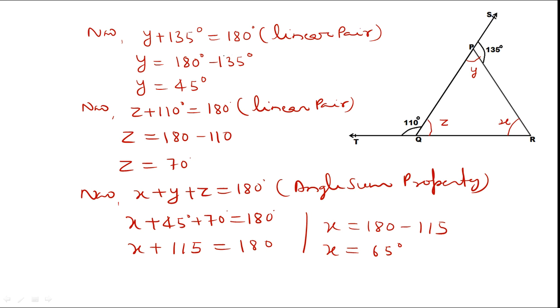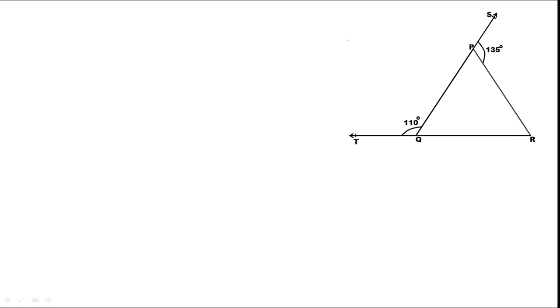Check it once: 70 plus 45 is 115. So the value of X is 65 degrees, and our job was to calculate angle PRQ, that is X, which is 65 degrees. So this question is solved.